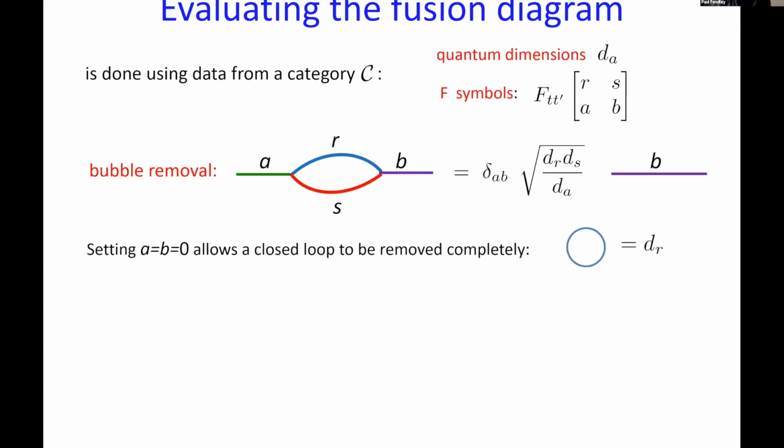I'm just skipping tons and tons of important and deep stuff, but I'm a lowbrow physicist, so I just get to use all the hard work mathematicians put into these things. One of the things I use is if you ever see something that looks like this picture here in your fusion diagram, you can get rid of that bubble in the middle.